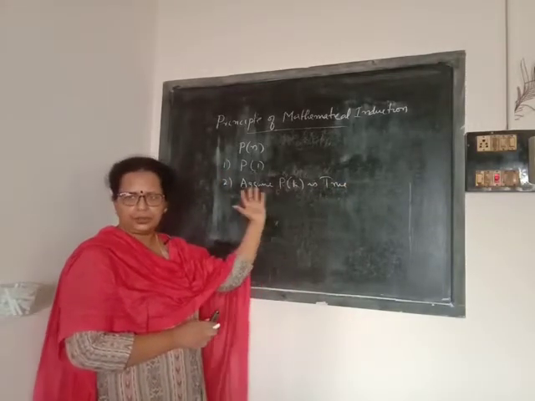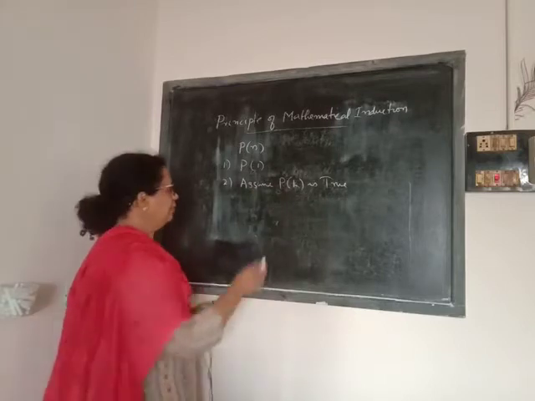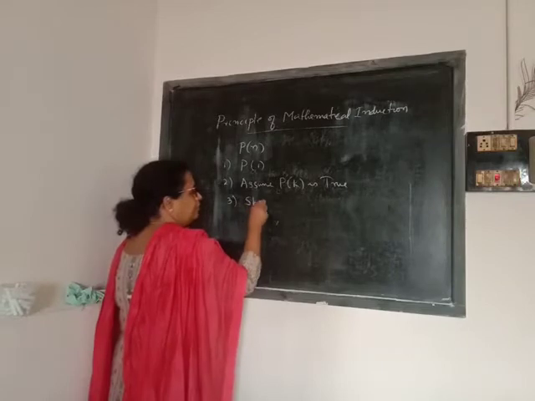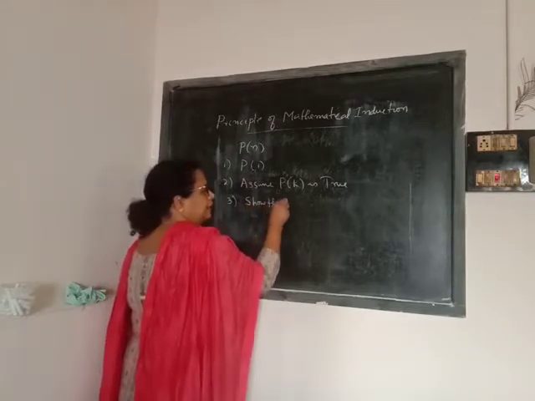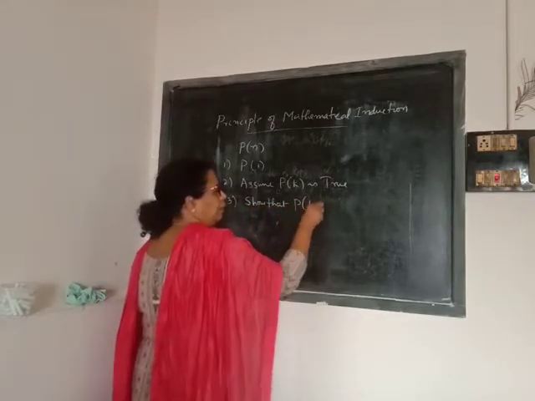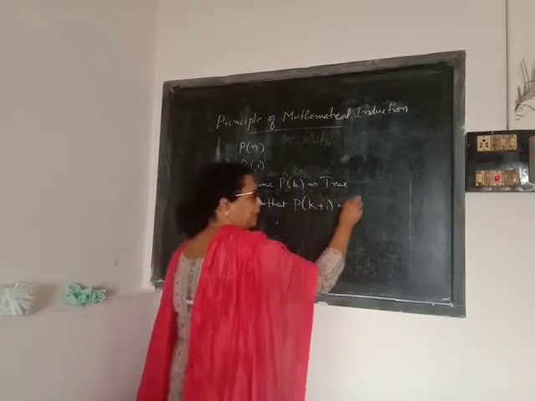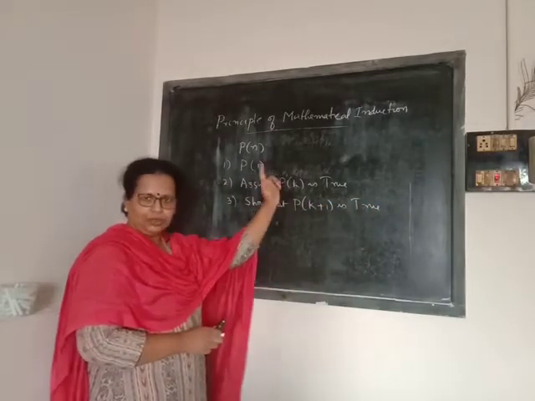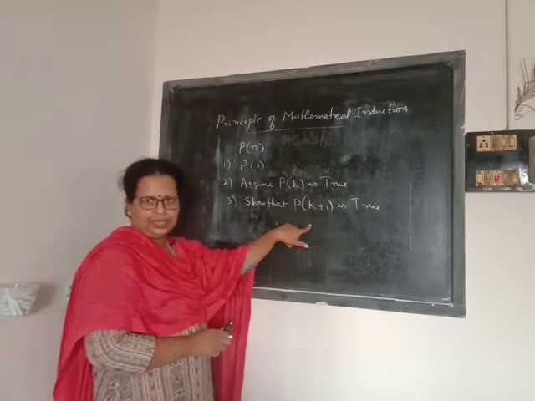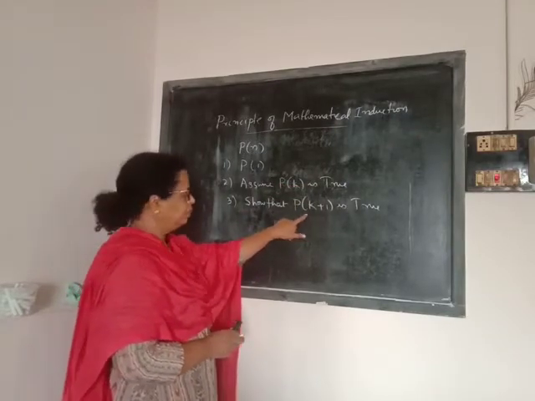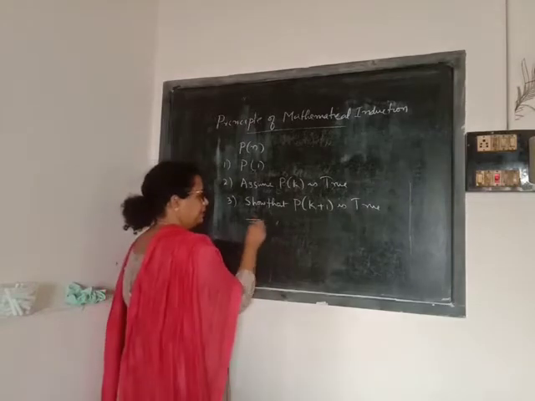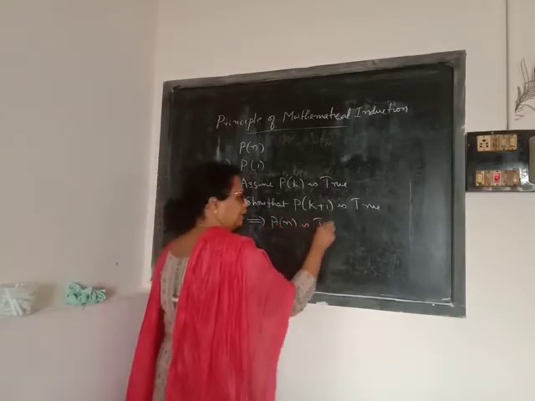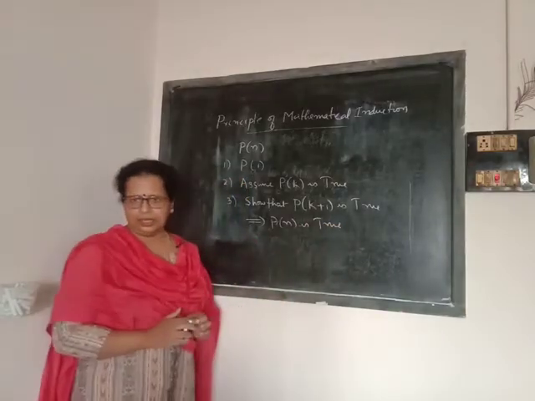K means any case. For any case it is true. Then we have to show that the result is true for P of k plus 1. That means for the next one after k it is true. Like that we have to prove. This implies that P of n is true.